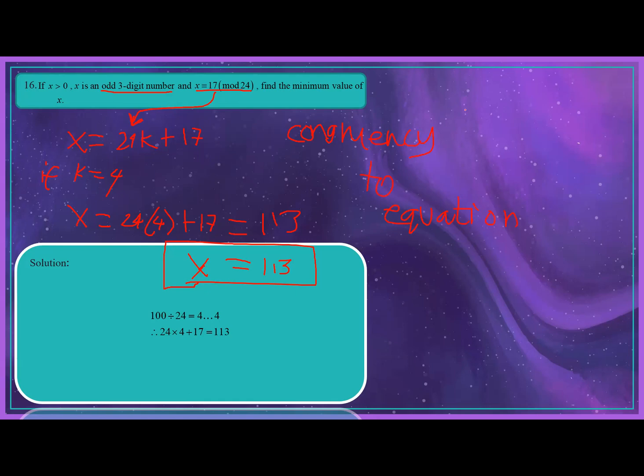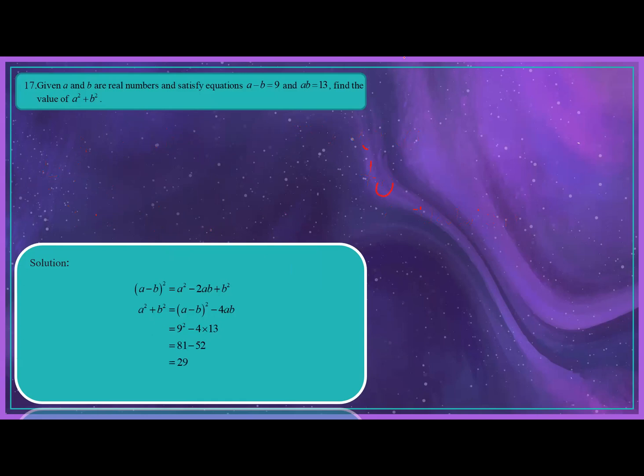Let's continue. Given a and b are real numbers and satisfy equations a minus b equals 9 and ab equals 13, find the value of a squared plus b squared. So you square both sides: a squared minus 2ab plus b squared equals 81.